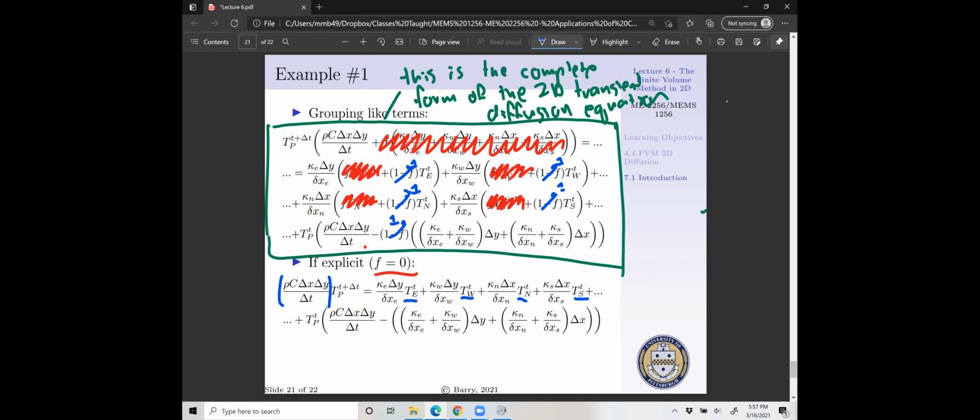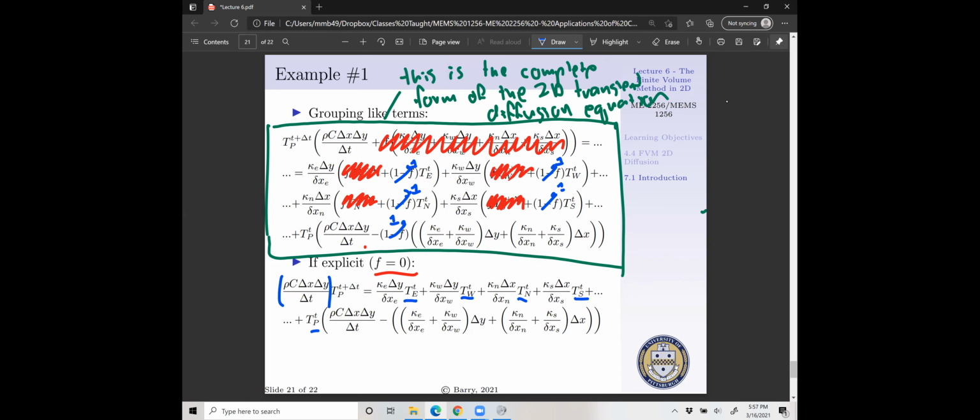So that's grabbing our neighbors from our east, west, north, south. And then we just take the solution from our previous iteration level directly below. So we'd have TP of t, and this is multiplied by rho c delta x delta y per delta t, minus the quantity k east delta y per delta x east plus k west delta y per delta x west, plus k north delta x per delta x north, plus k south delta x per delta x south. That's all grouped together. So that's if you have an explicit scheme.